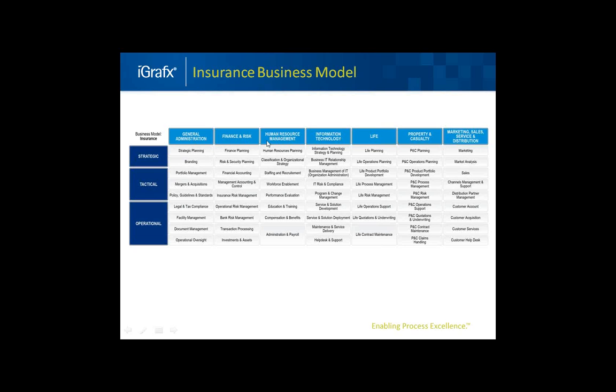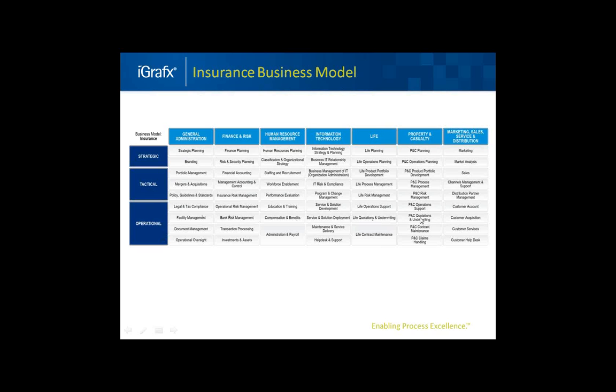So that would be financial risk, human resource, information technology, life, property and casualty, marketing, sales, service, distribution, etc. Then I would have the competencies within here. I have sorted, meaning classified and grouped, into strategic, tactical, and operational competencies.